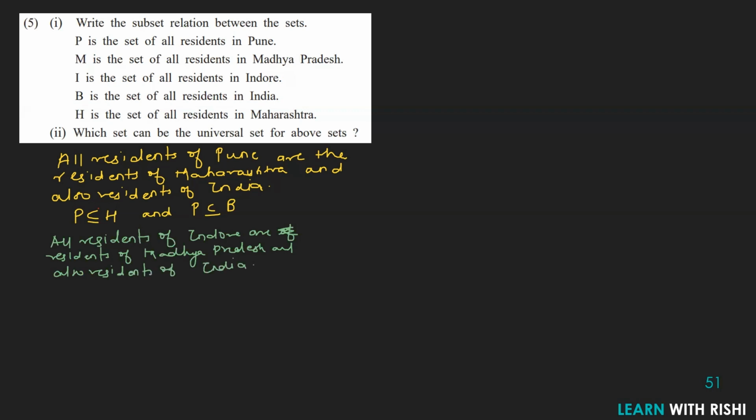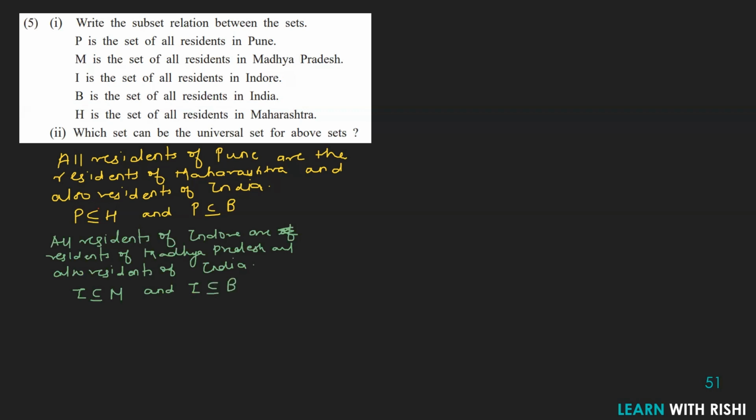So we can write set I is a subset of M, and set I is also a subset of B.